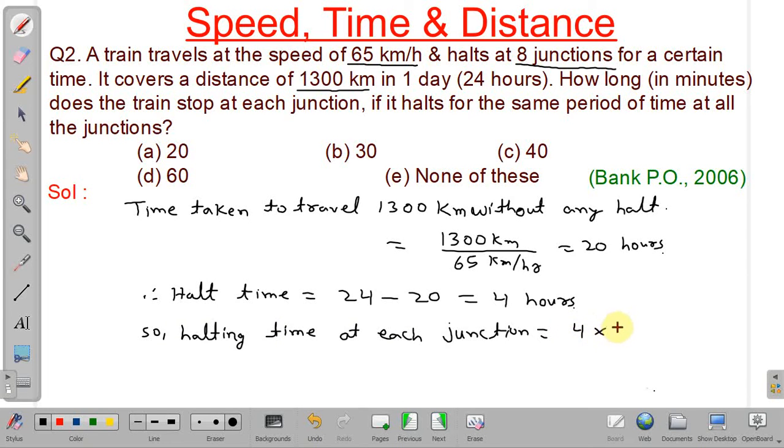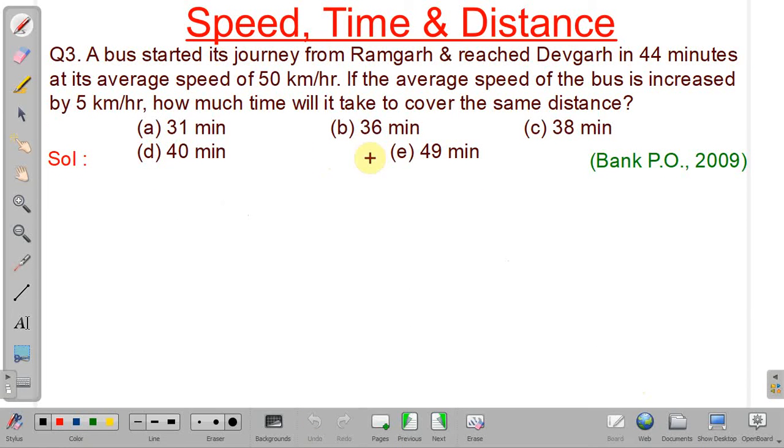So if we convert it into minutes, so 4 into 60 minutes divided by number of halts. So it is total 8. Okay, 8 because there are 8 junctions. So now it will be equal to 30 minutes. So our answer will be option number B. We will discuss next problem.